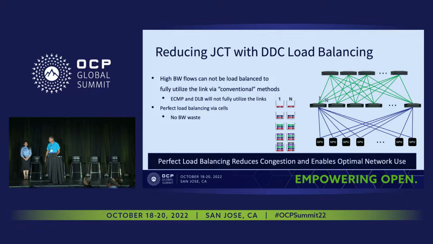So how do we handle the load balancing? When using traditional architecture, you use either ECMP or other flow-based load balancing, which are not efficient when the bandwidth is very high and the number of flows is relatively small.